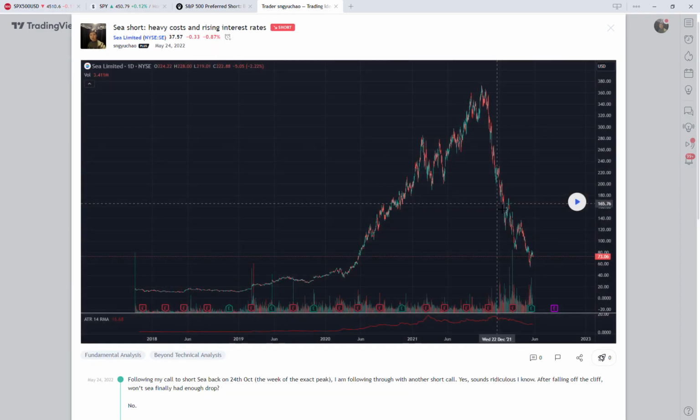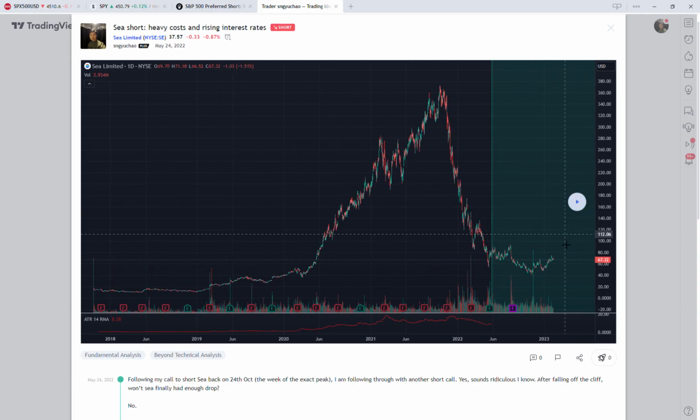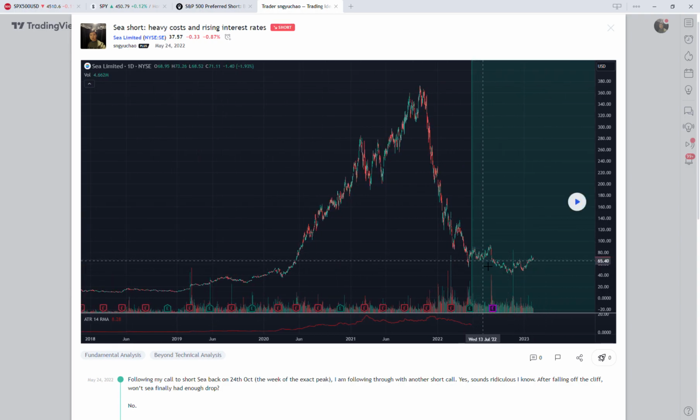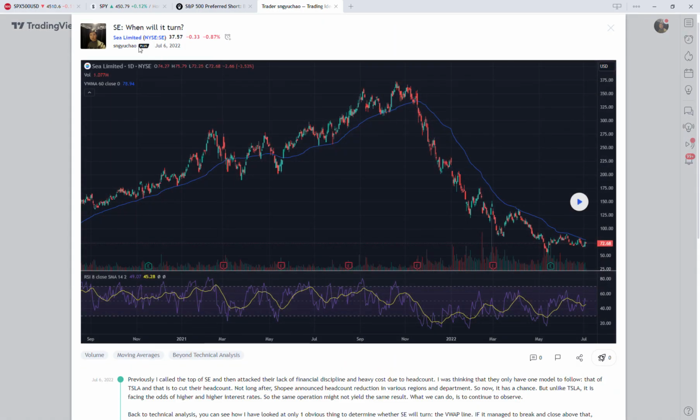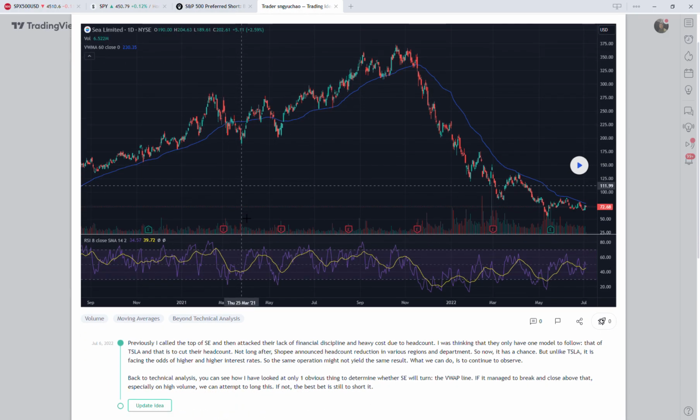I made this call when it's 73.06. It did move down, and then up again. This is on May 24th. Then on the 6th of July, I start to talk about whether there is a chance that the stock will have a technical rebound.